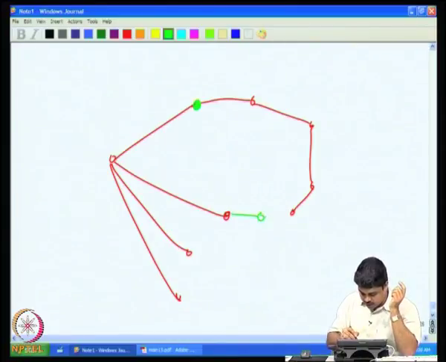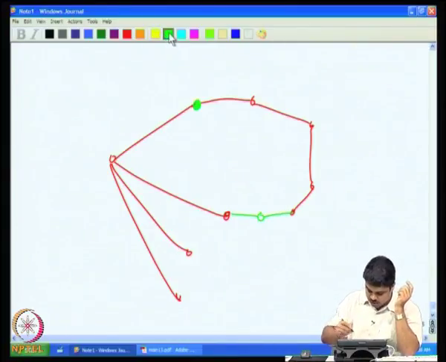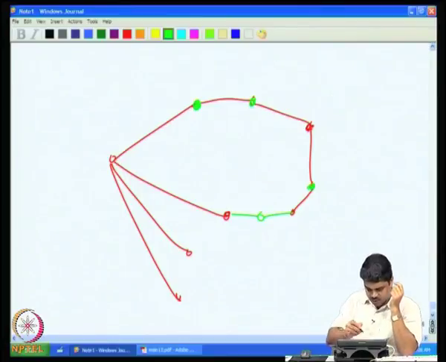So this will be like this, in fact. This will be green, this will be red, and this will be green. So it will be rather a path.